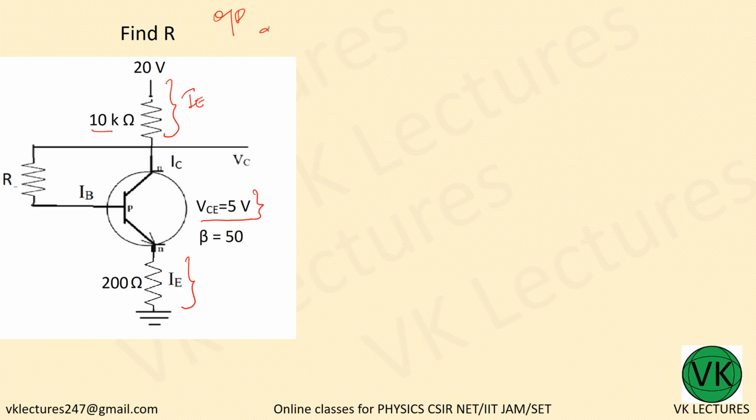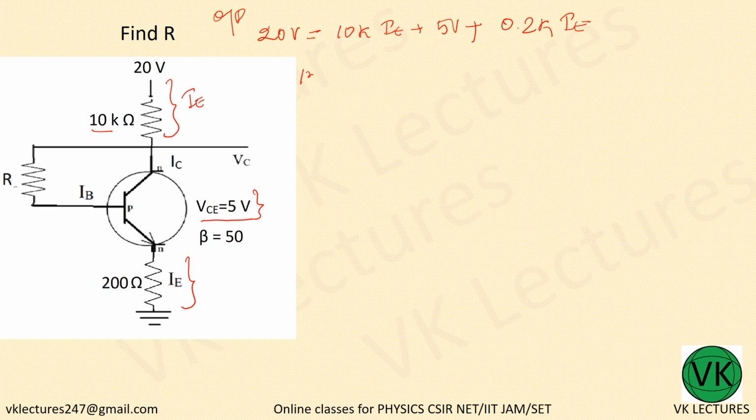So we can write 20 volt is equal to 10k into IE plus VCE, that is 5 volt, plus let us write this as 0.2k into IE, right?